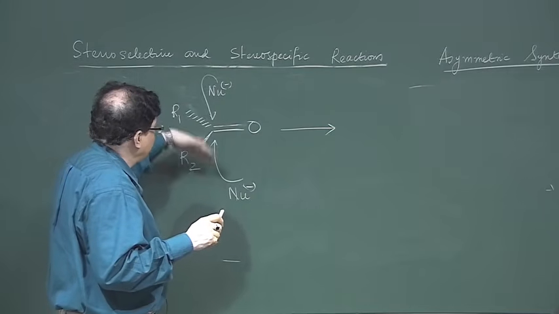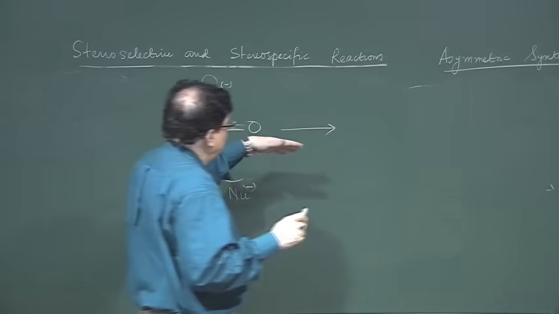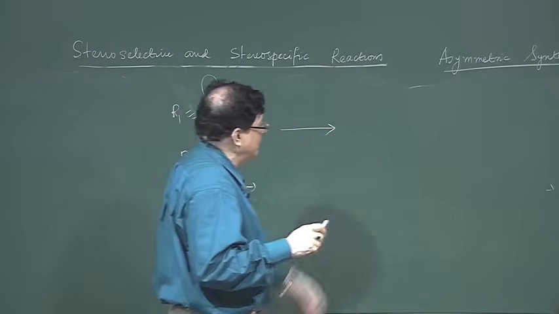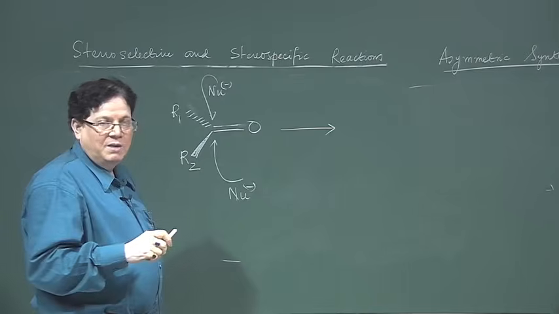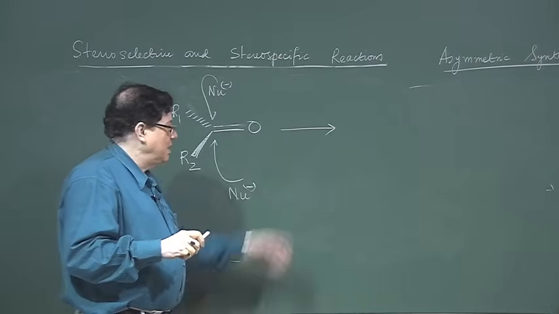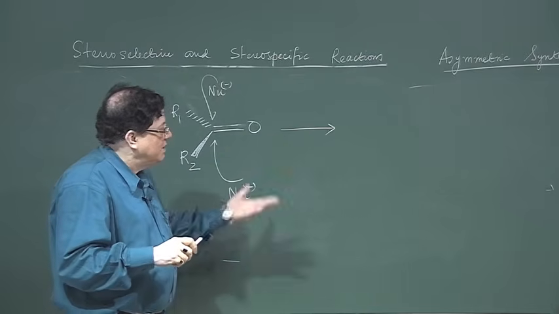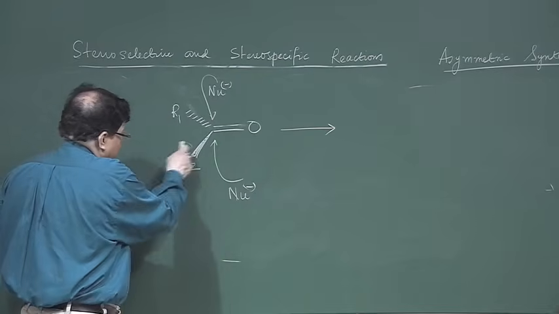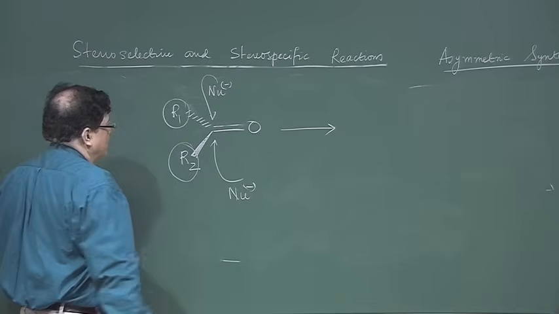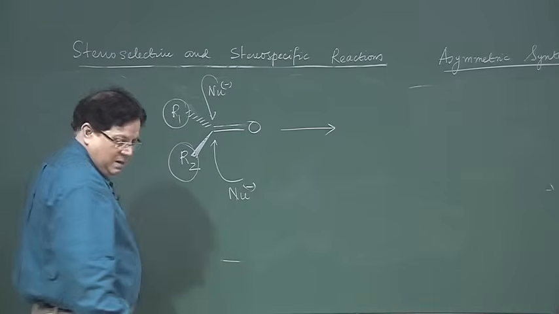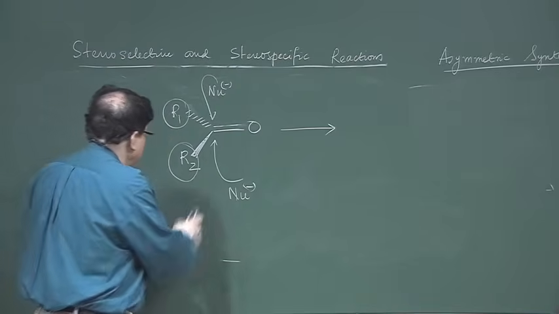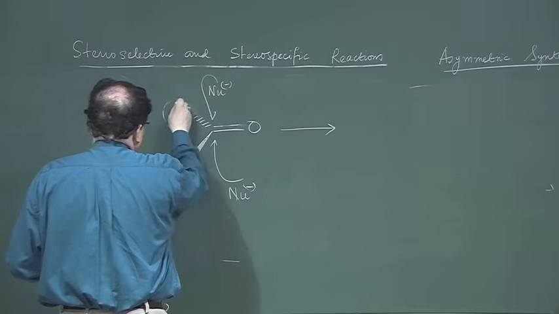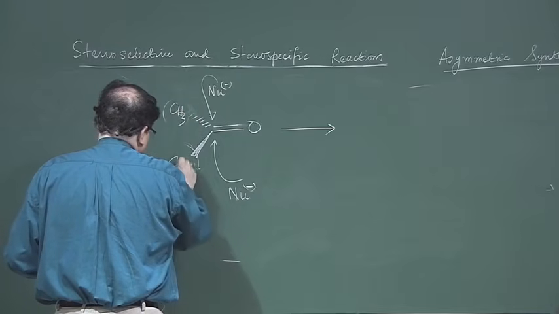First of all, these faces are either enantiotopic or diastereotopic, depending on what type of products you ultimately get there. If you end up getting enantiomers, then there will be enantiotopic faces. Suppose these two are not chiral, they are achiral groups. Take an example, suppose this is methyl and this is ethyl.